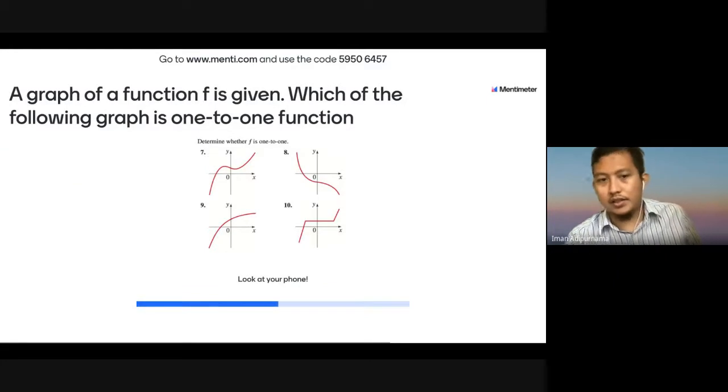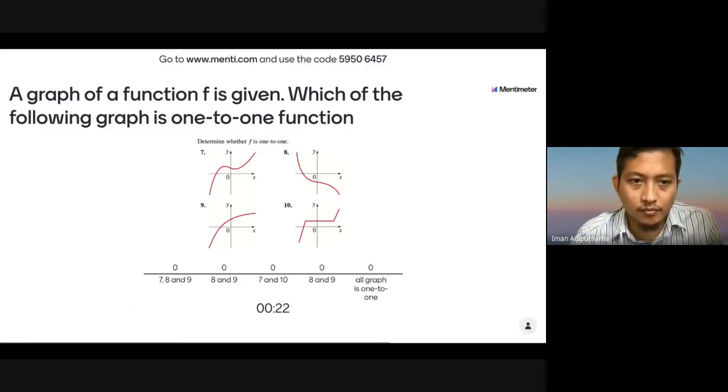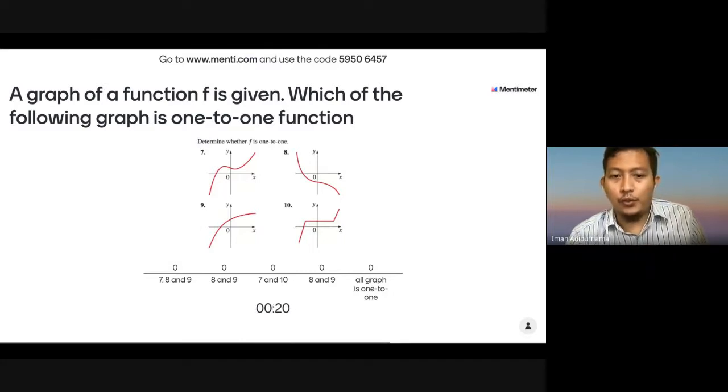Okay, I think this is easy. You need to find which one is a one-to-one function.